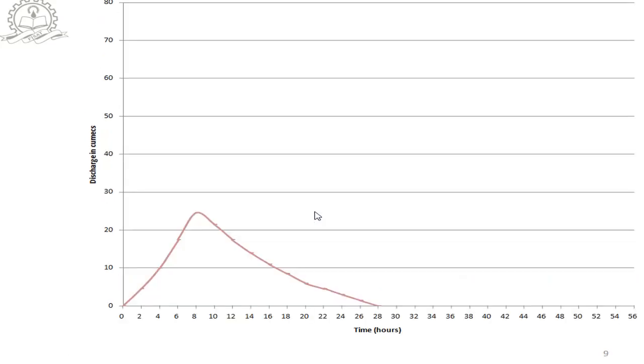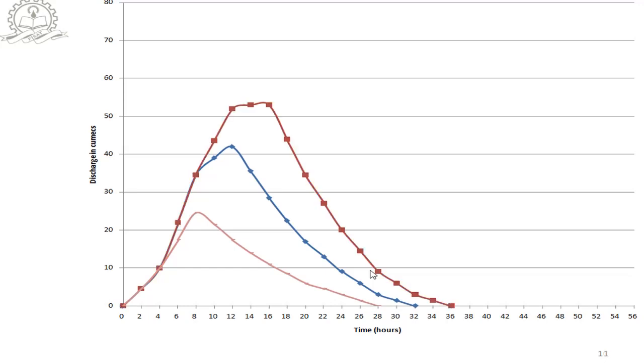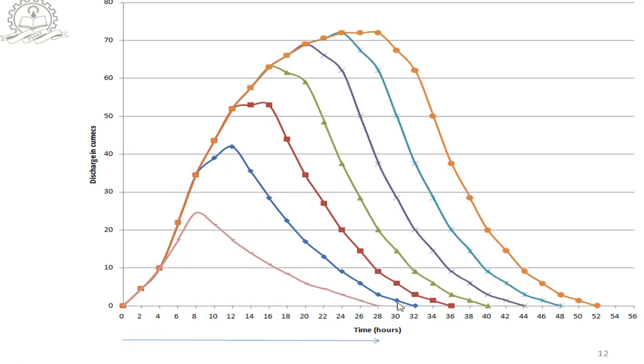I am superimposing the second hydrograph over the first one, and you get a hydrograph like this. Then again adding the third one over this, you get a hydrograph like this. Like that, I am superimposing each unit hydrograph, and finally I will get this.